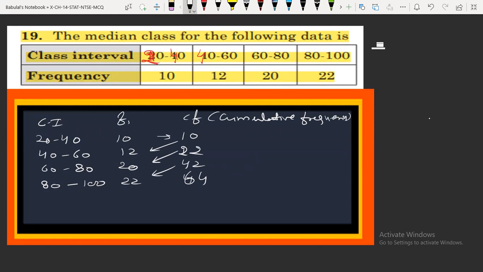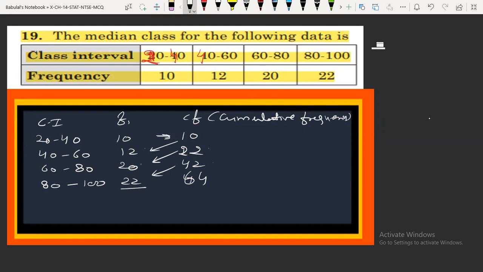You please try it, do it yourself. That is 64. Okay. क्या आपके समझ में आया? देखिए क्या किया हमने, ये 10 फ्रीक्वेंसी को एज इट इज लिखा, उसके अंदर फिर इसको 10 में 12 ऐड किया, 22 में 20 ऐड किया, 42 में फिर 22 ऐड किया, दैट इज 64.